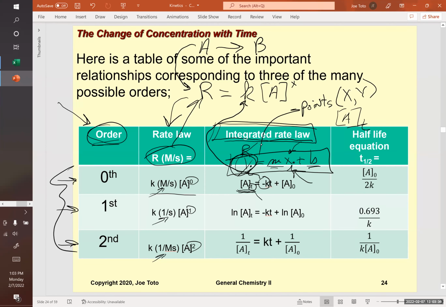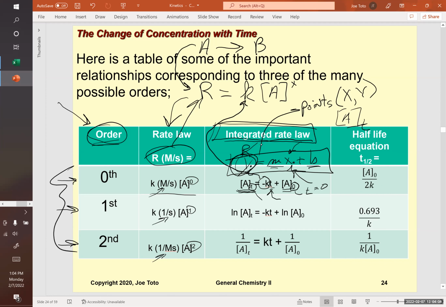t is my independent variable, time, and that can run again from some initial time to some final time and any time in between. And then the last term is associated with the initial concentration, or the concentration at t equals 0 seconds, or the initial concentration.